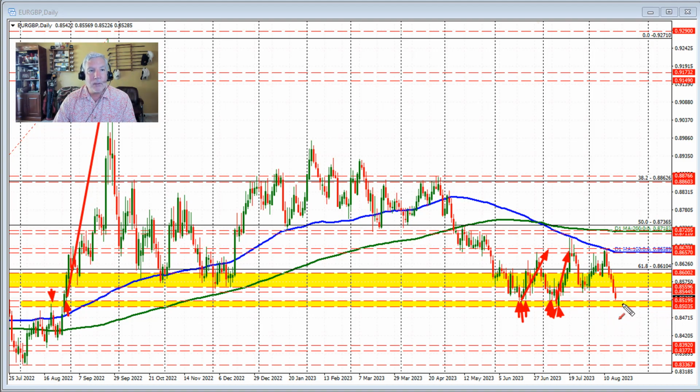So we could see some buying interest here with a stop below the 85 level, for instance. That's how I would play this pair from the long side only. Absent that, obviously the price is trending to the downside with 5 straight days to the downside. So this area is sort of the equivalent of this area up here, where the 100-day moving average stalled the rise.